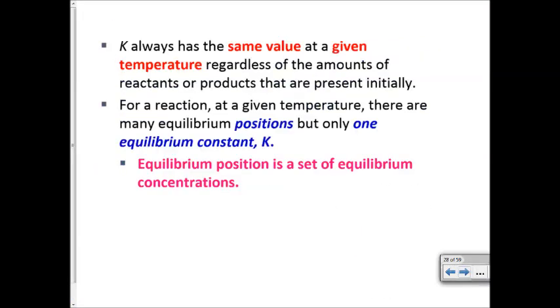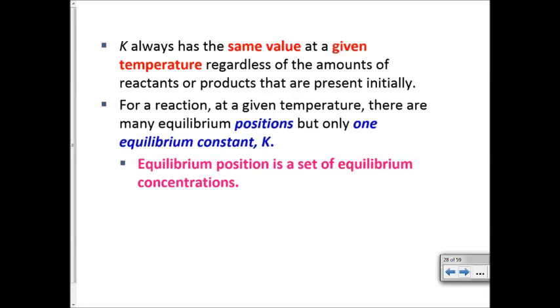Now, you don't have to write this down because it's already in there, but K will always have the same value at a given temperature regardless of the amounts. For a reaction at a given temperature, there are many equilibrium positions, but only one equilibrium constant, one ratio of the products over the reactants, that value number. Equilibrium position is a set of equilibrium concentrations.